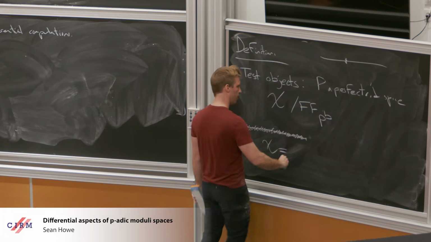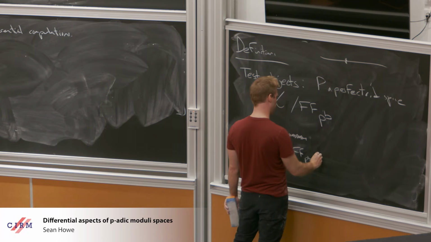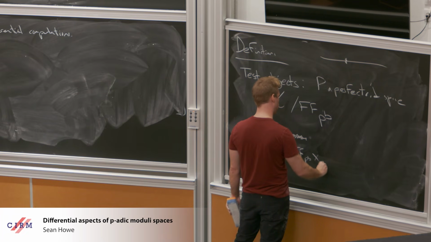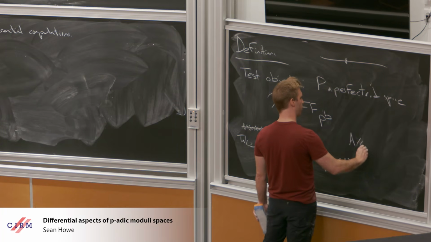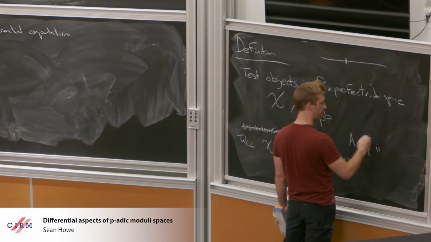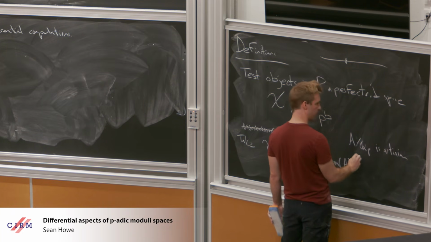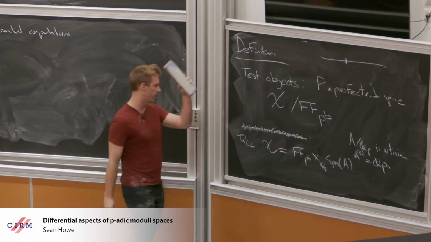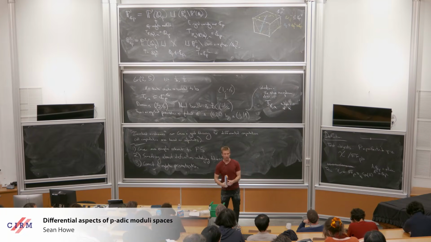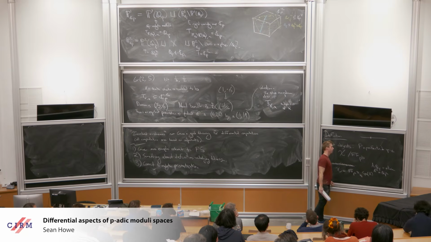I take my Fargues-Fontaine curve and base change from Q_p to Spa A, where A over Q_p is Artinian and the residue field, or the reduction, is just Q_p. This is the simplest kind of thickening I could do. I could just take a thickening over Q_p and base change it to here. Okay, so these are the test objects I want to use.